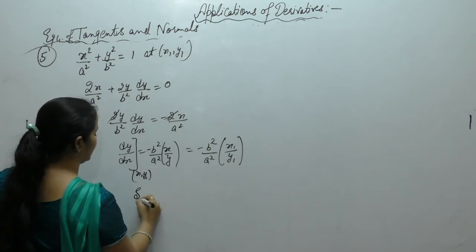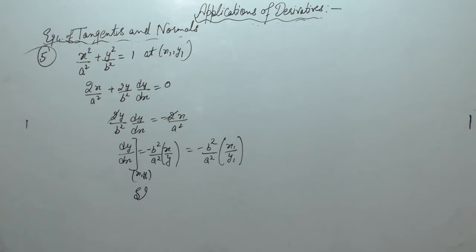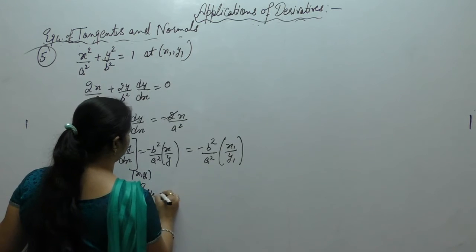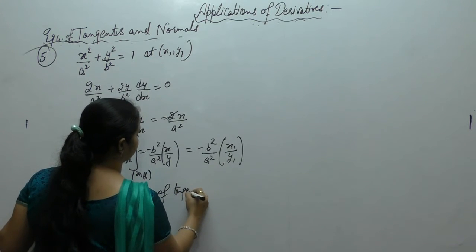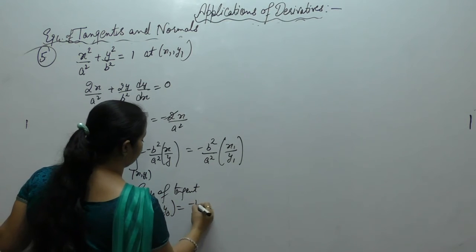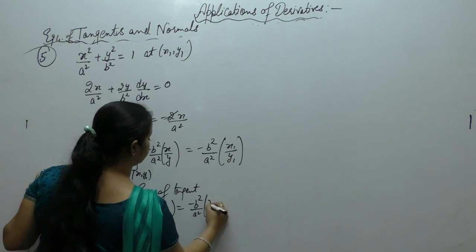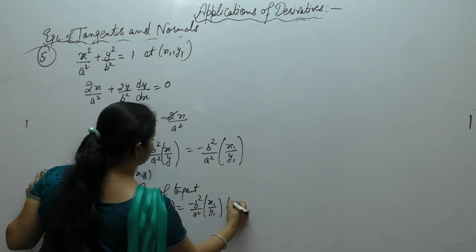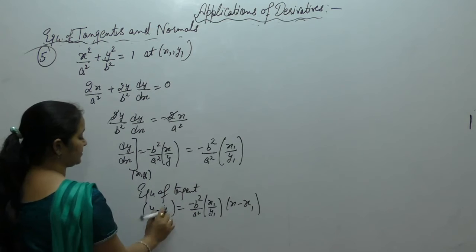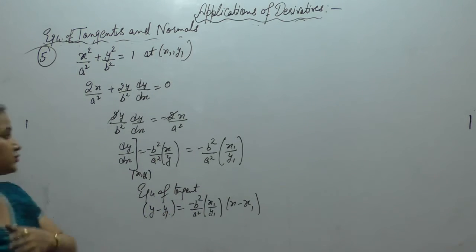Now we want to find the equation of tangent and equation of normal. Equation of tangent at x1, y1: y minus y naught equals m into x minus x naught, where x naught is x1 and y naught is y1 here. Now solve this equation.